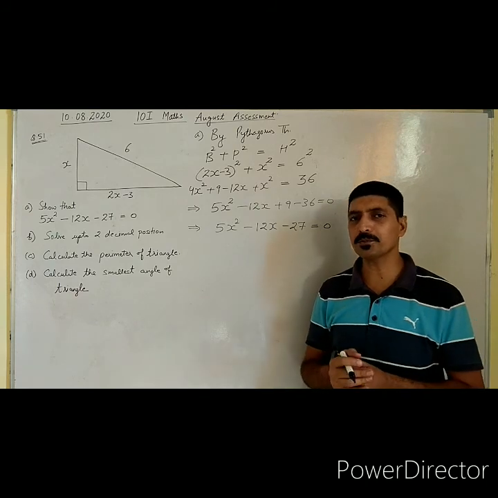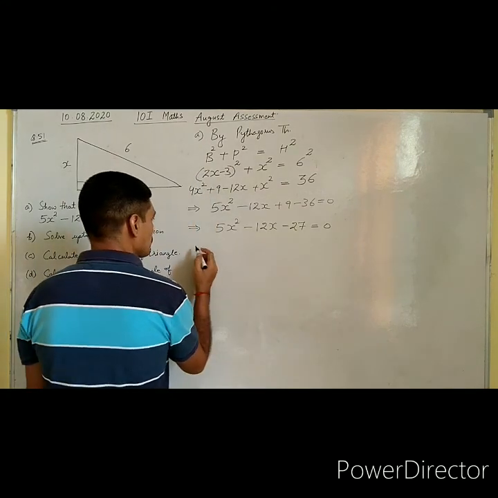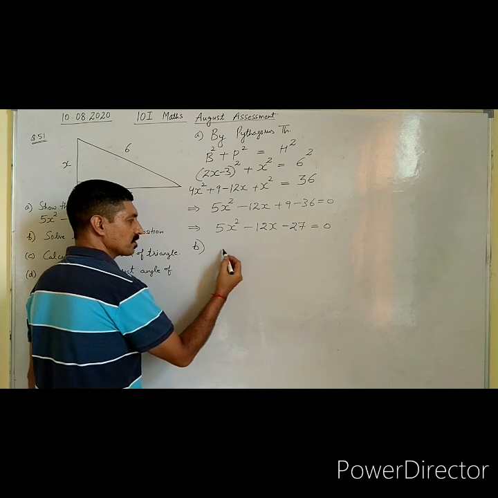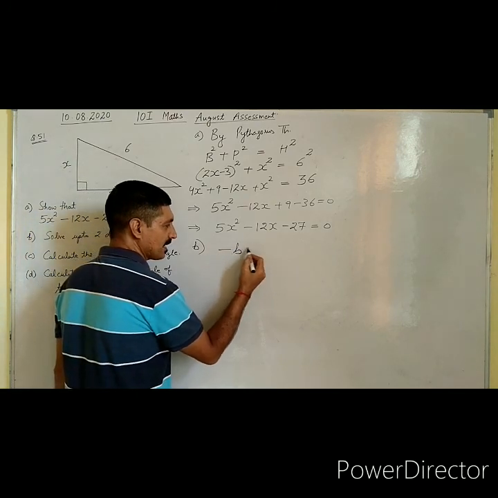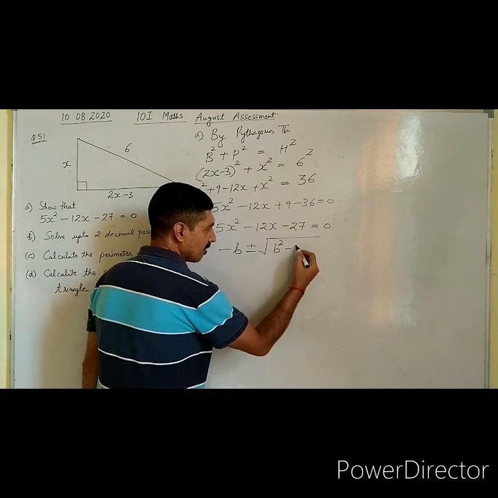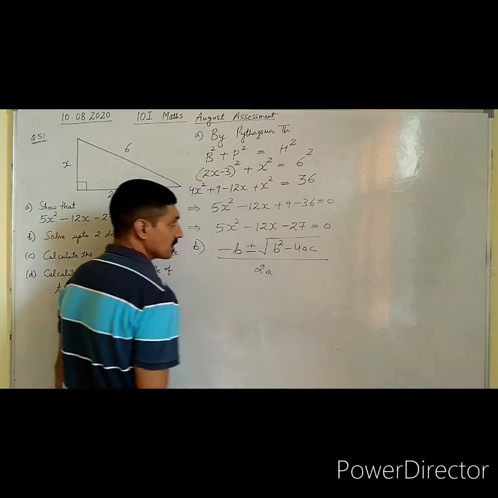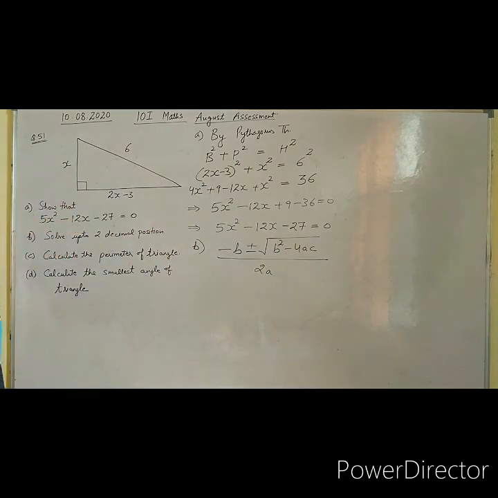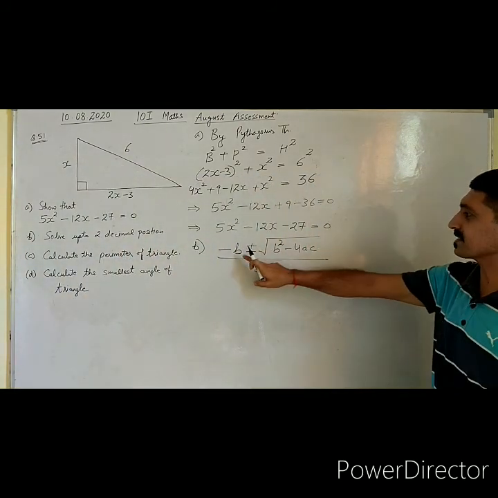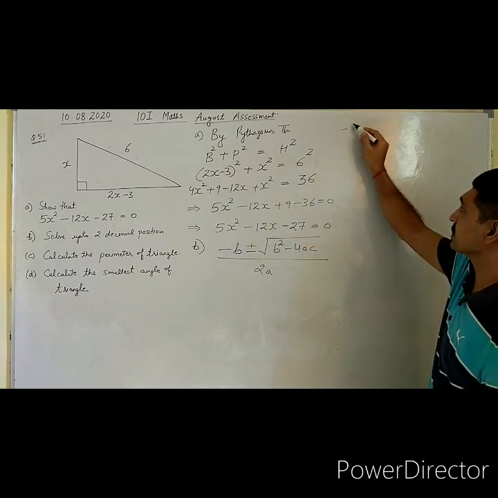So we now have two options, either the completing square method or directly the quadratic formula. We know the roots of the equation are minus b plus minus under root b square minus 4ac upon 2a, right? So here by substituting the values, we got minus b, that is minus of minus 12.